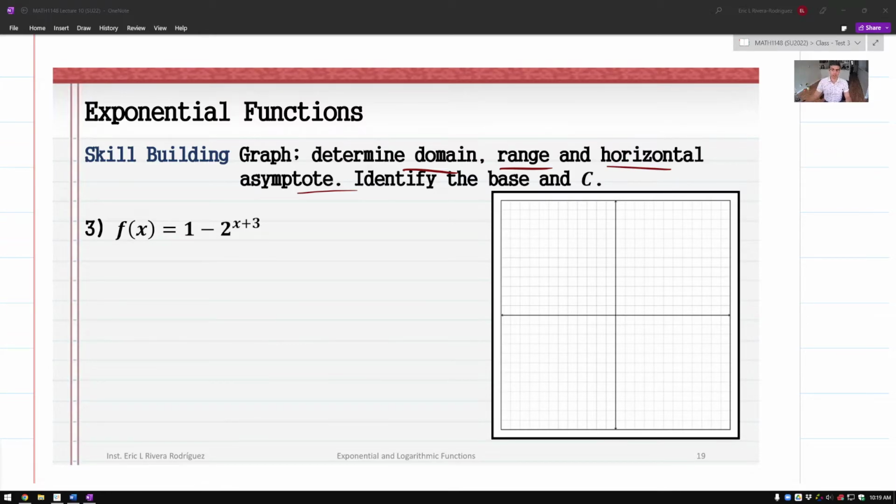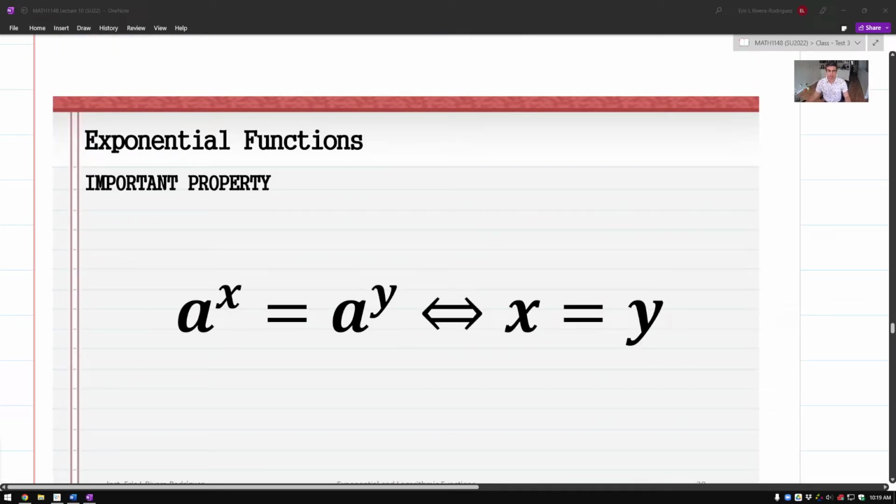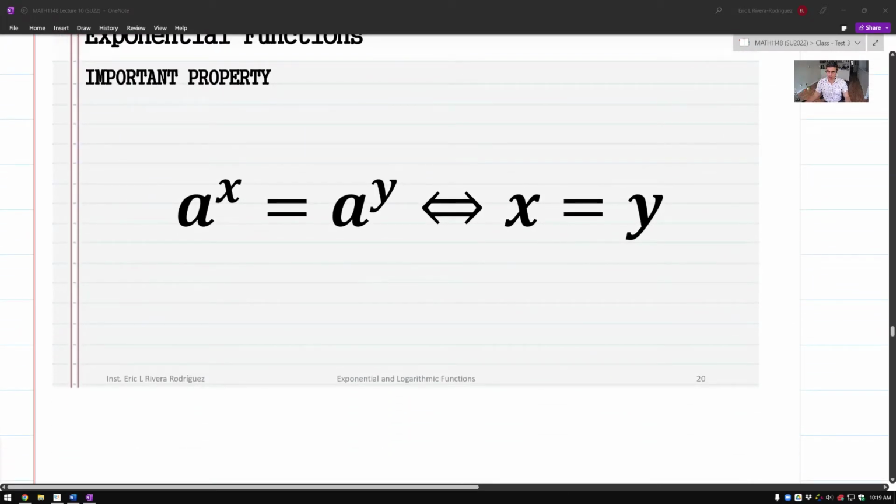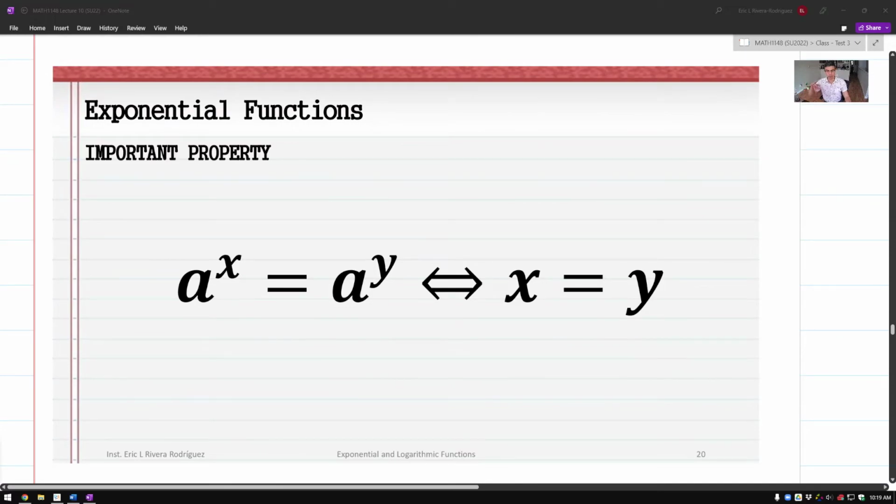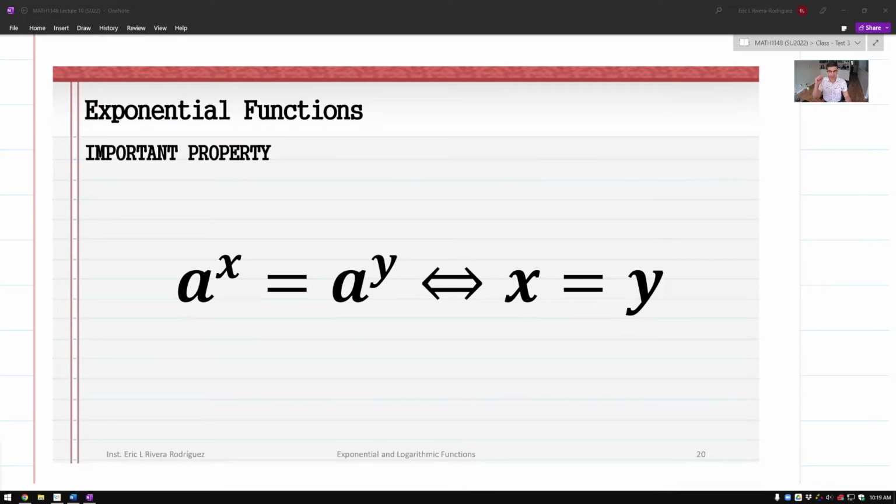Okay, but I'm going to move now to the next part because I want to cover exponential equations and how to solve them.